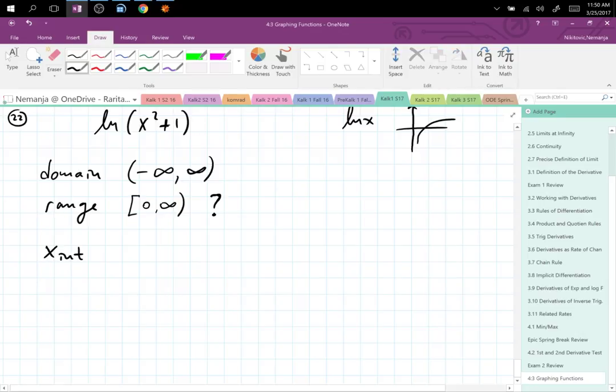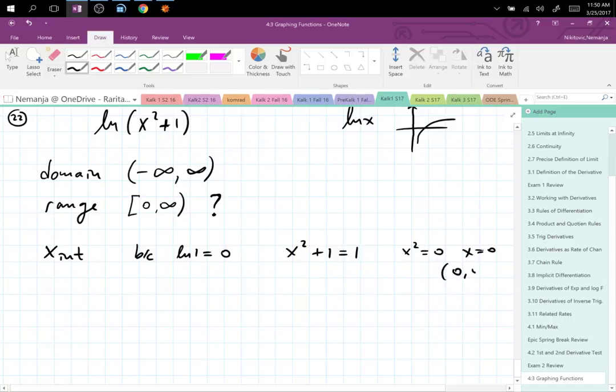X-intercept. Well, x-intercept is when the argument of ln is equal to 1, because ln of 1 is equal to 0, right? We need x squared plus 1 to be 1, which happens when x squared is equal to 0, x equal to 0.